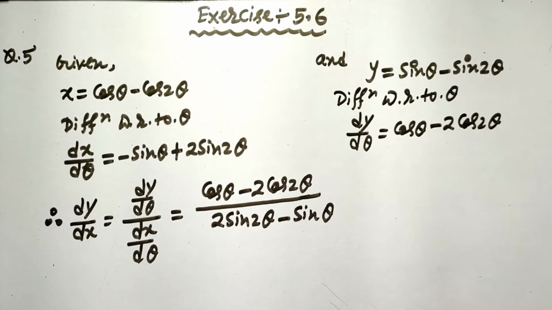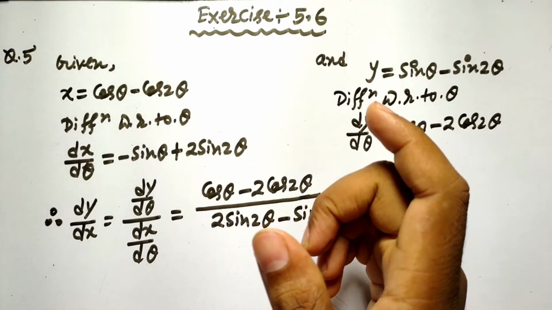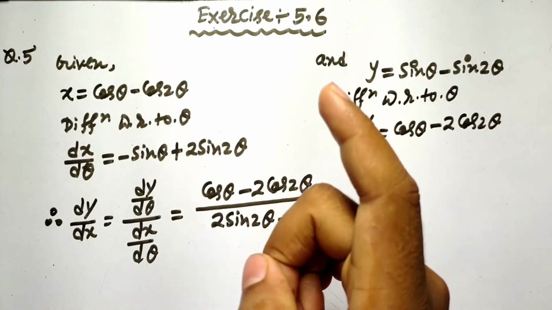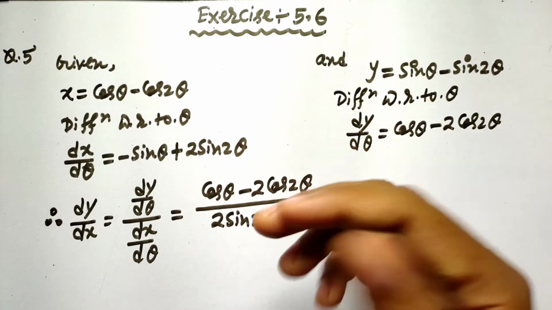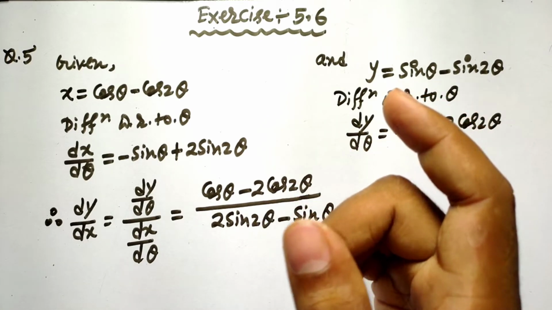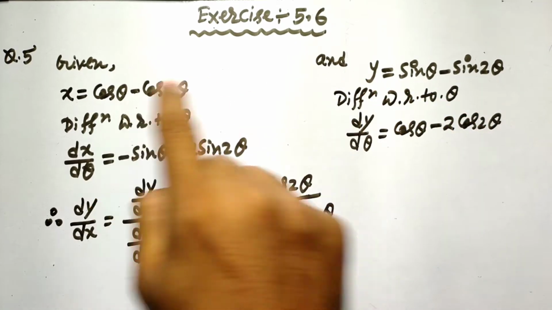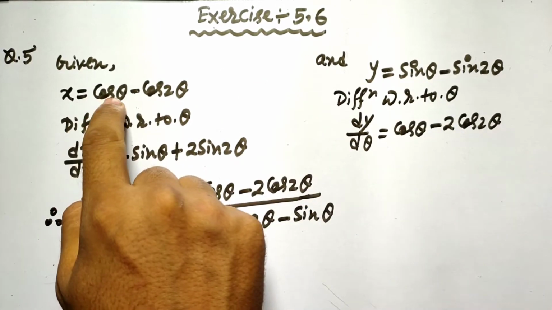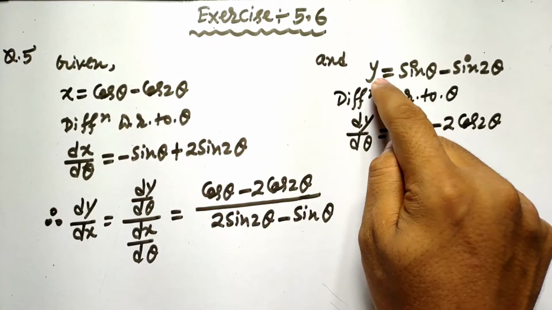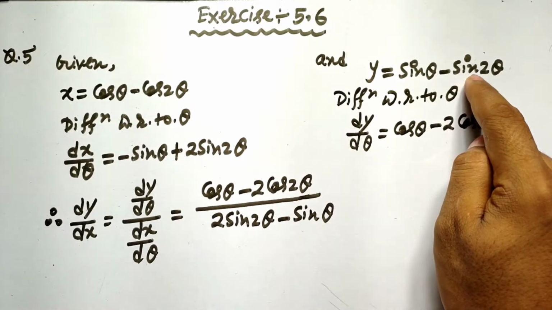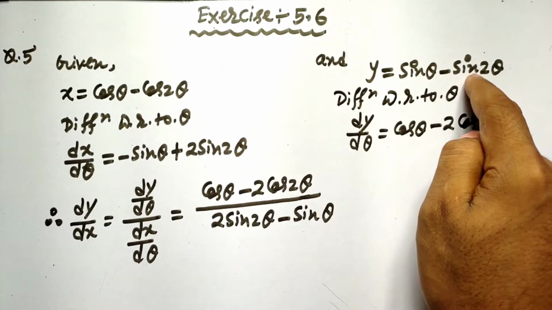Question number 5 says that without eliminating the parameter you have to find dy/dx. So how to find dy/dx? First you have to notice these equations: x equal to cos theta minus cos 2 theta and y equal to sin theta minus sin 2 theta. These are the given equations.